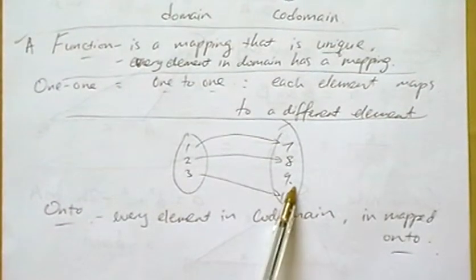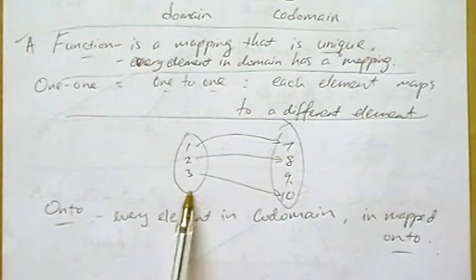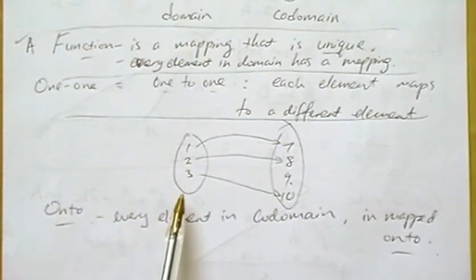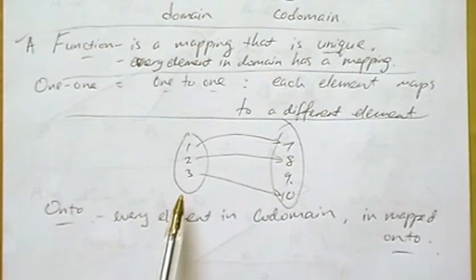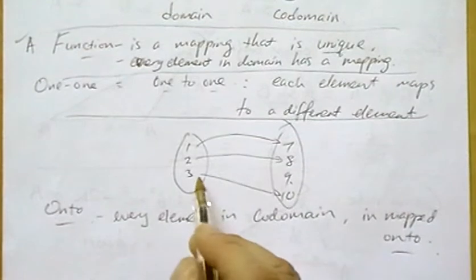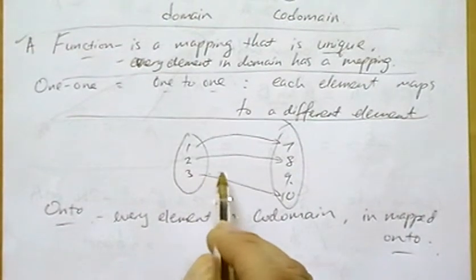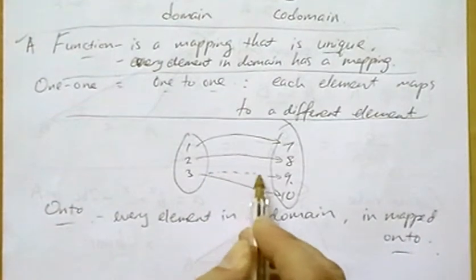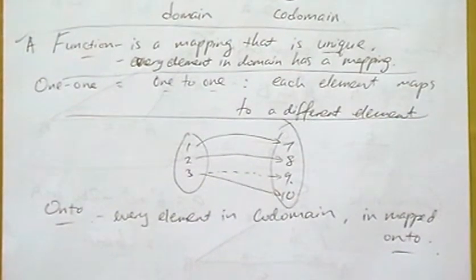So in order for it to be onto, there must be a number here that also maps onto this. And as I've drawn it, obviously I can't have this unless, for example, I also map 3 to 9, and then it would be onto. Yeah, then I have a mapping that is onto.